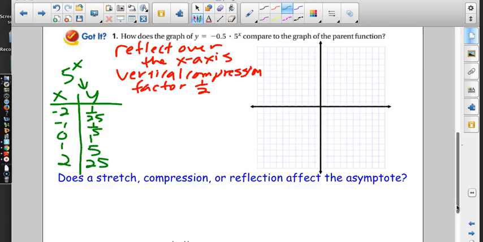That thing's going up fast. But sure, there's a 5 for the base. So let's go ahead and get this one on there, just like they had us do in the last one. -2, 1/25, -1, 1/5, 0, 1, 1, 5. And then we're just going to have to aim almost straight up, because this one is going to 25.